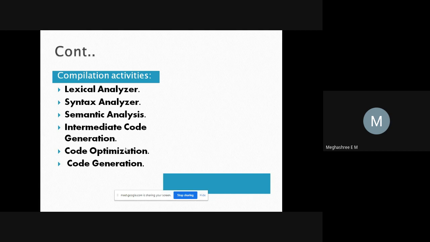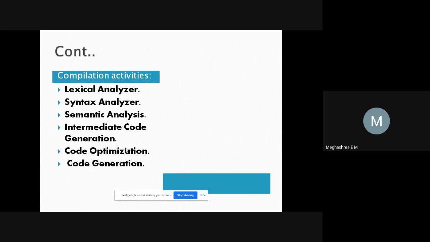The first phase of compiler design is lexical analyzer. Second phase is syntax analyzer. Third phase, semantic analysis. Fourth, intermediate code generation. Fifth, code optimization. And the last one is code generation. These are the different phases of compiler design.